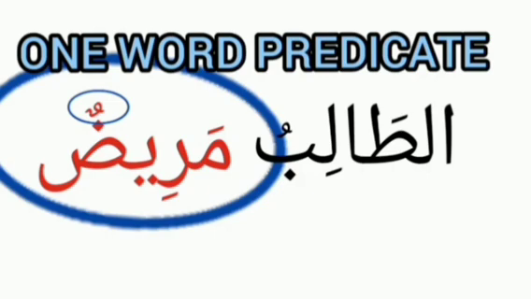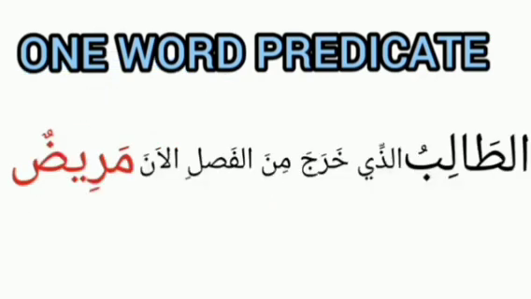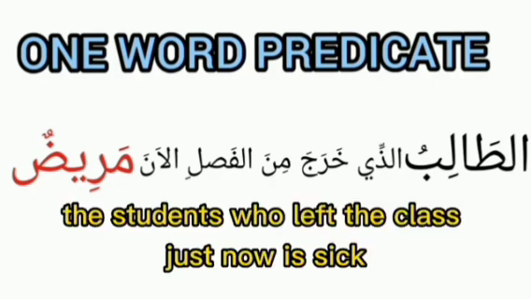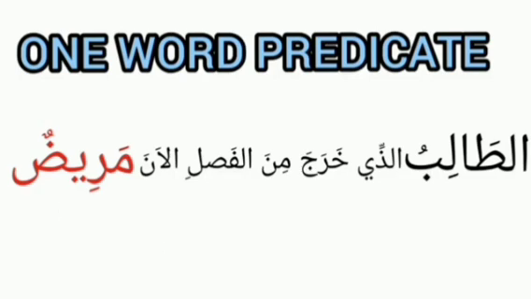Another example that we have here is الطالب الذي خرج من الفصل الآن مريض. The student who left the class just now is sick. From this sentence, الطالب is the mubtada and the khabar is maridun.